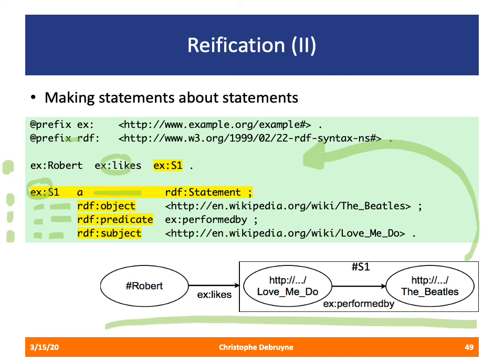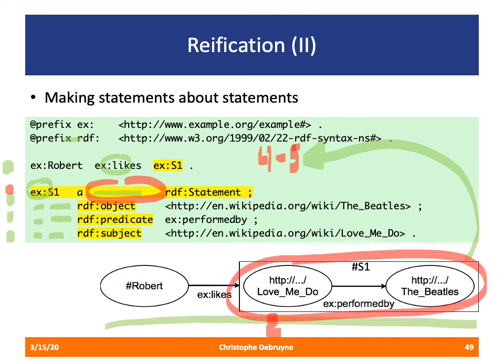Now, the fact that something is also of the type RDF statement might be included explicitly or not. So these two statements get turned into 4 or 5 statements internally. And I hope that you now see how this can create unforeseen circumstances. If I ask the endpoint, what does Robert like? Then I will get an instance of a statement rather than the relationship. I won't get that.